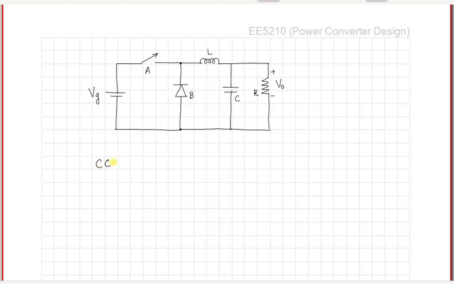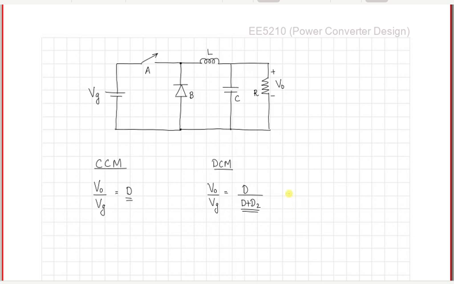So in this so-called CCM, we have found that the buck converter gives you a voltage gain V0 by Vg, which was equal to the duty ratio at which the converter was operating. And in the discontinuous conduction mode, you had a voltage gain which was given as D divided by D plus D2. So we have already seen what D and D2 mean with reference to the inductor current waveforms.